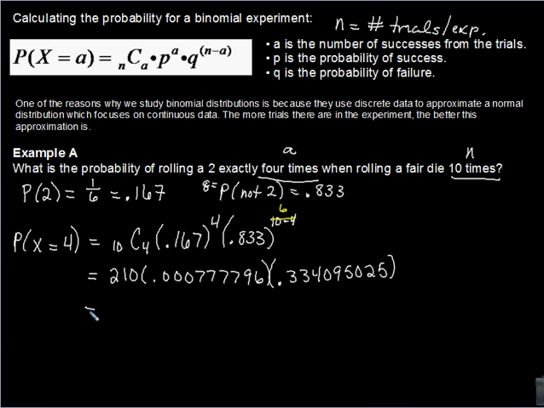And I get 0.05457, which is 5.5%. So I'd have a 5.5% chance of rolling a 2 exactly 4 out of 10 times. So not a huge chance of that happening.